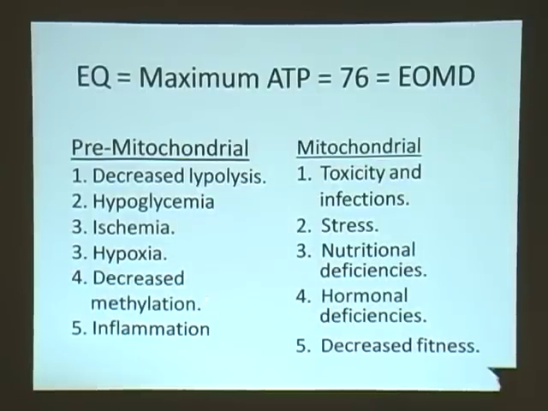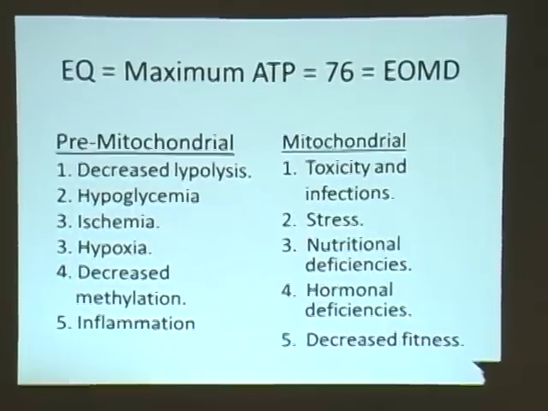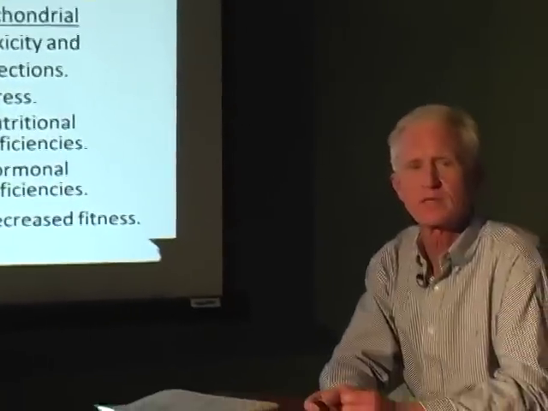Decreased methylation can lead to low energy states, low cellular energy production. Just remember that you make your ADP from methylation. You make carnitine from methylation. You make coenzyme Q10 from methylation.